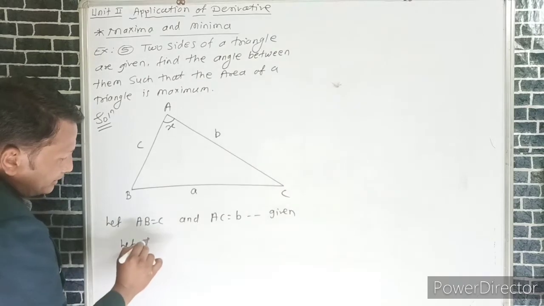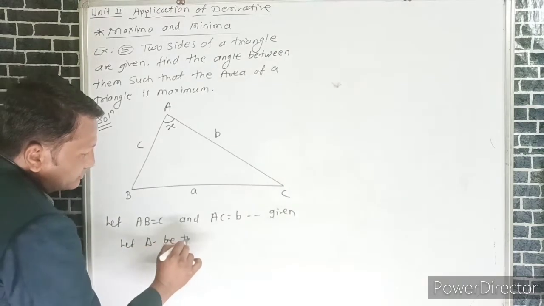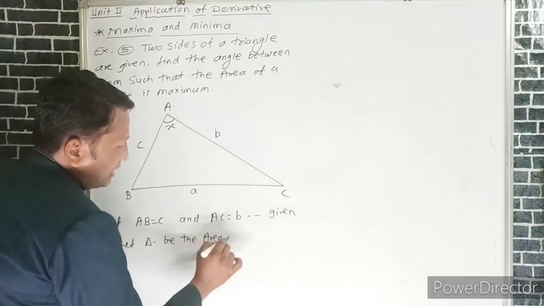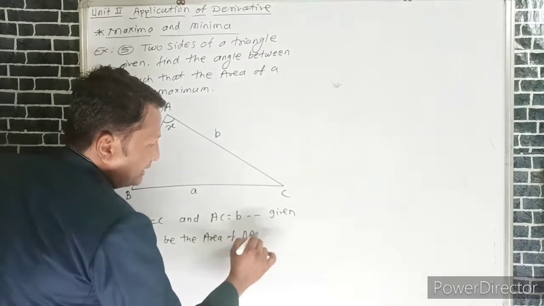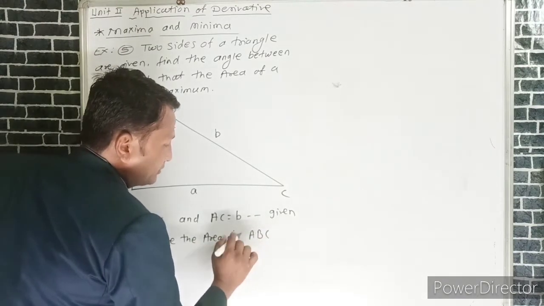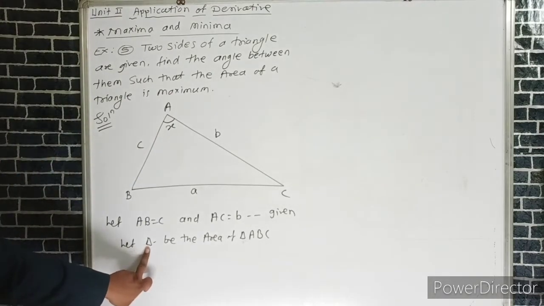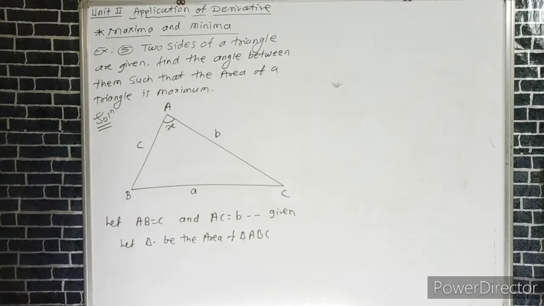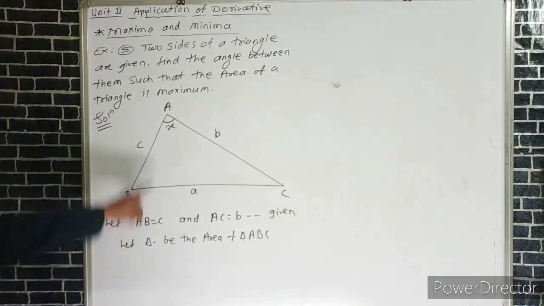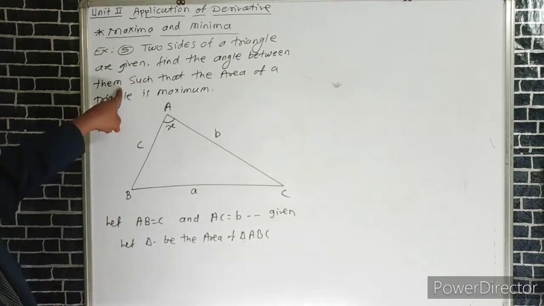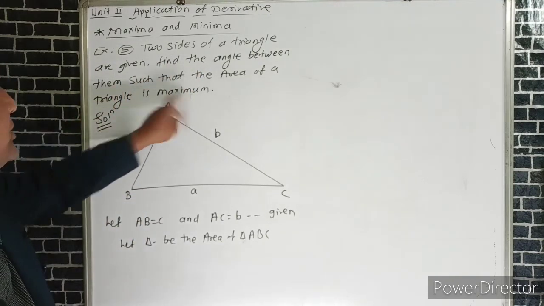Let del be the area of triangle ABC. We have to find the angle between them such that the area of the triangle is maximum.